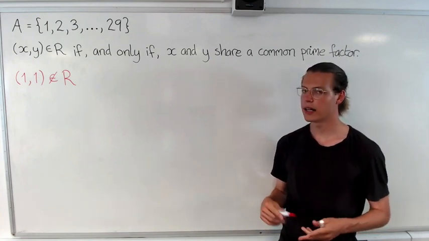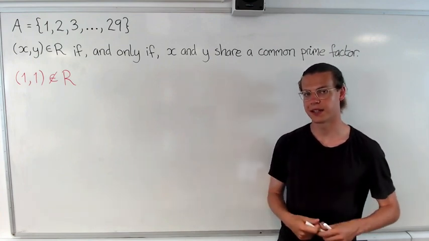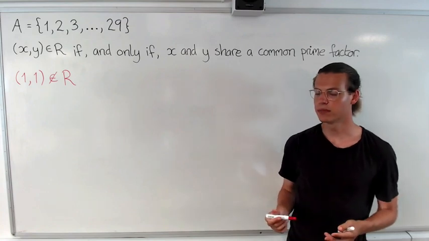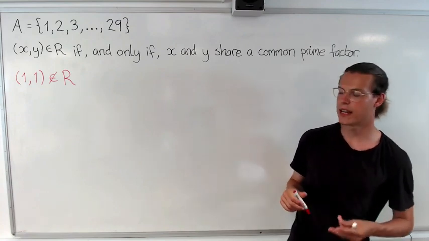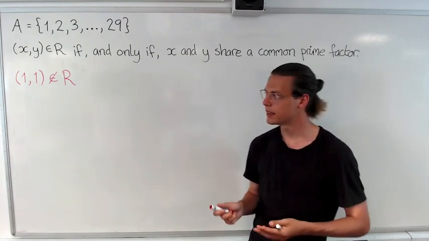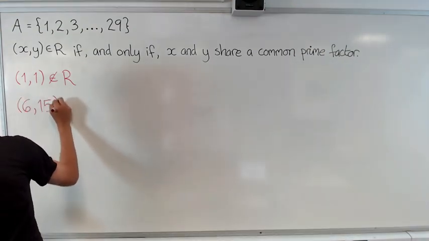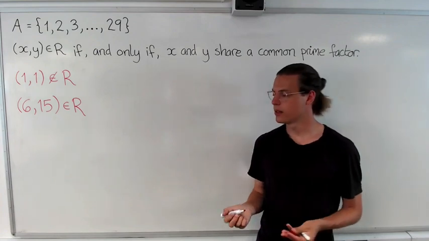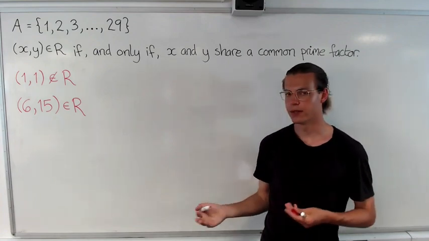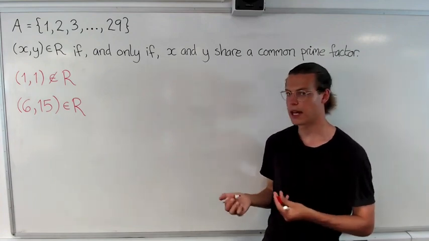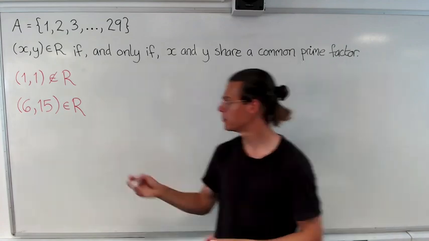Furthermore, R is not a transitive relation. For example, 6 is related to 15 since they share the common prime factor 3. And 15 is related to 25 since they share the common prime factor 5.